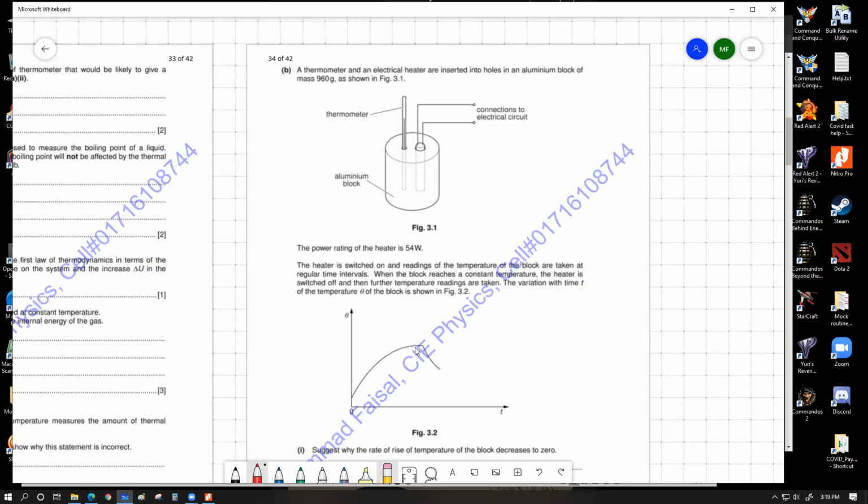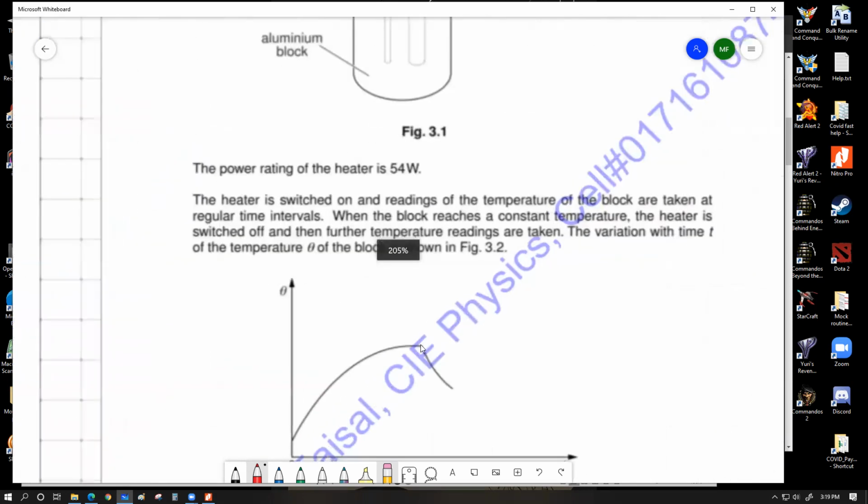There is a certain point when this graph becomes horizontal, which you can see over here. What does this mean? The heater was switched off when the graph has a sharp corner over here. But before that, as the temperature of the aluminum block slowly goes higher and higher, at one point the temperature is not rising anymore, even though the heater is kept switched on.